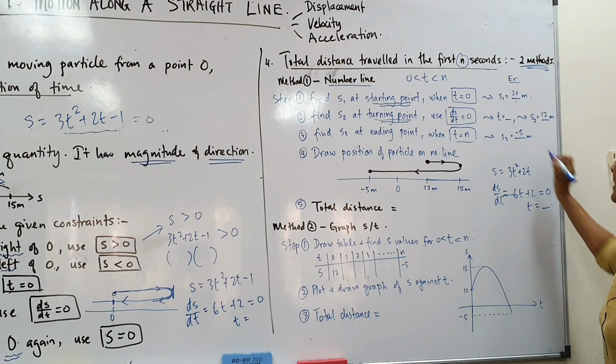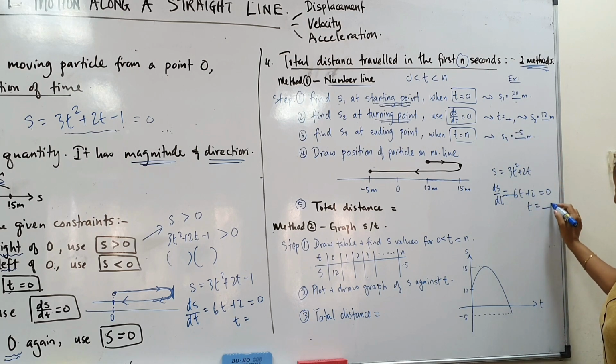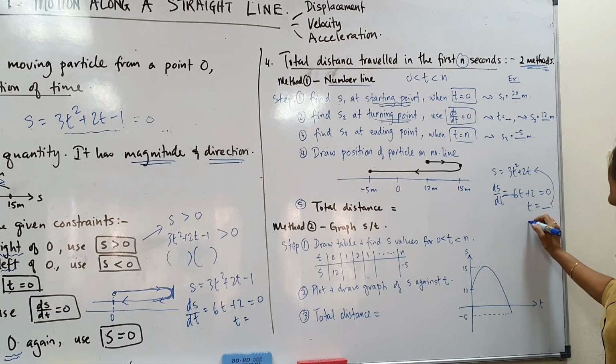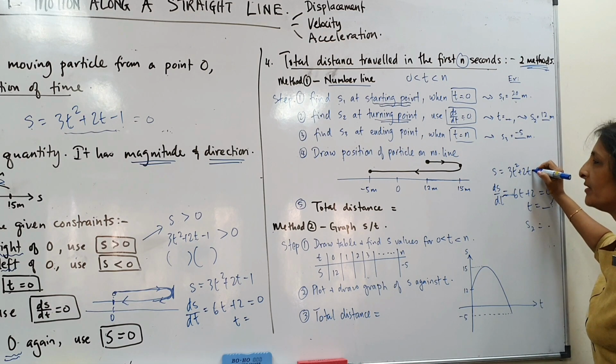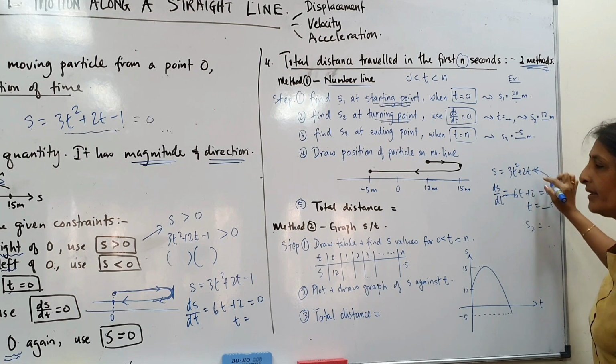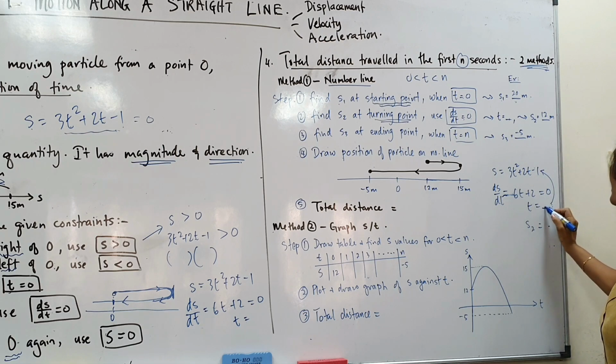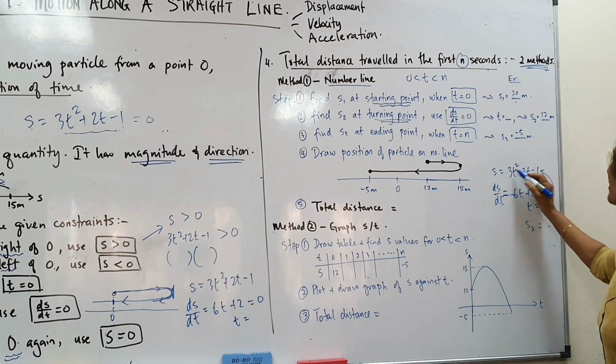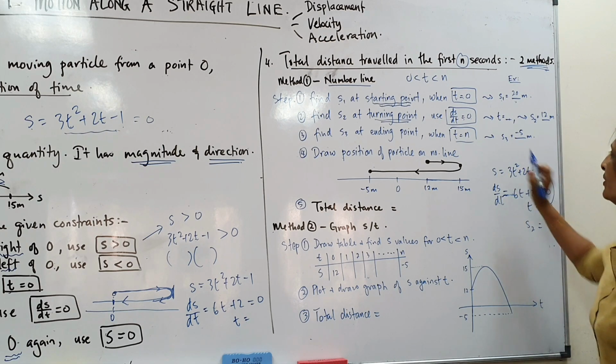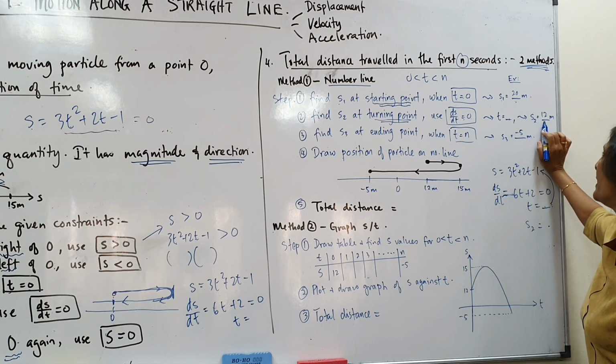Once you have the t, you sub the t into the s and find the new answer. Here I forgot the plus minus 1. So you find t first, then you find s2.